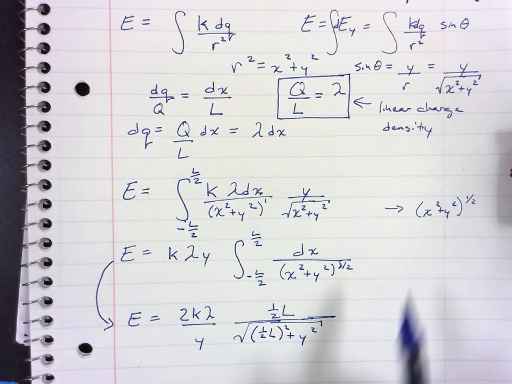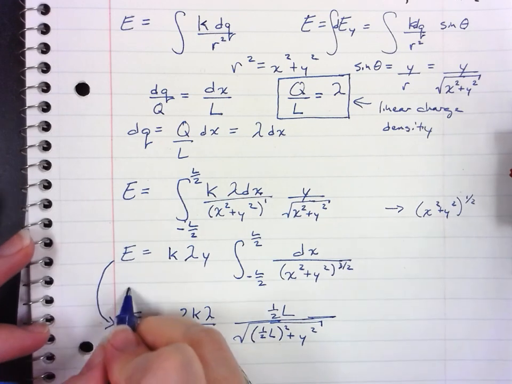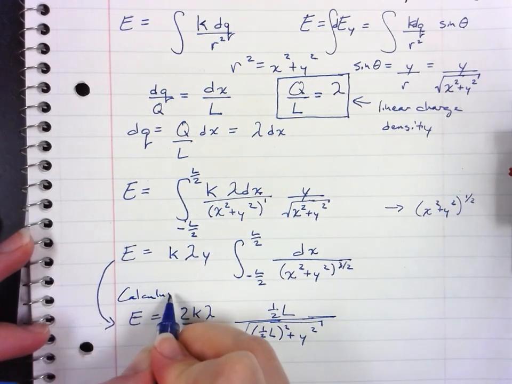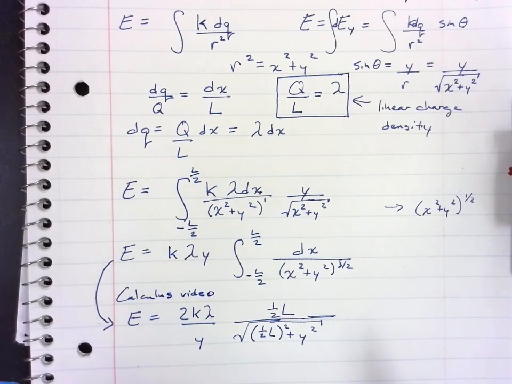So notice some features. We still have something like an x squared plus y squared term in here, but this is in the calculus video. So some of you were like, I don't care, just tell me what the answer is. Others of you really want to see the steps between here, and I will make that video. It will be posted shortly.